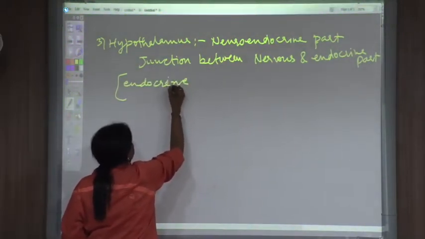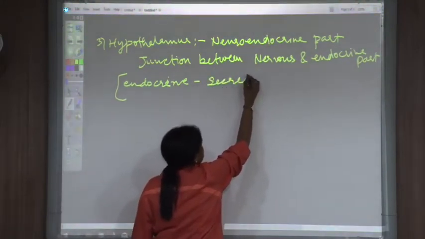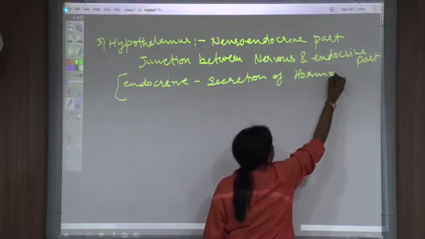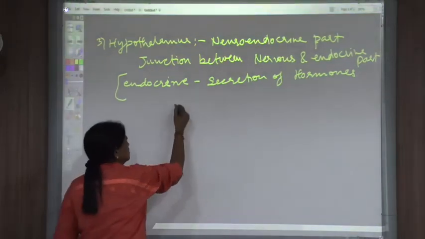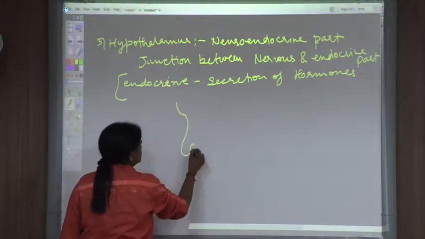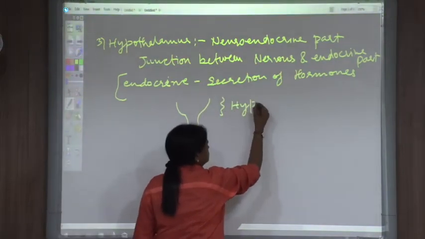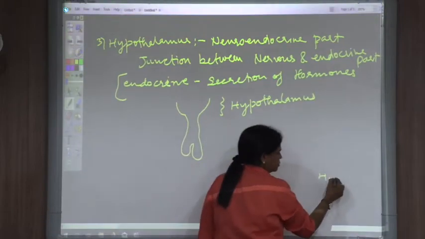Endocrine means this will be secreting hormones. So whenever I say that the endocrine organs are the ductless glands, and they always help in secretion of hormones.